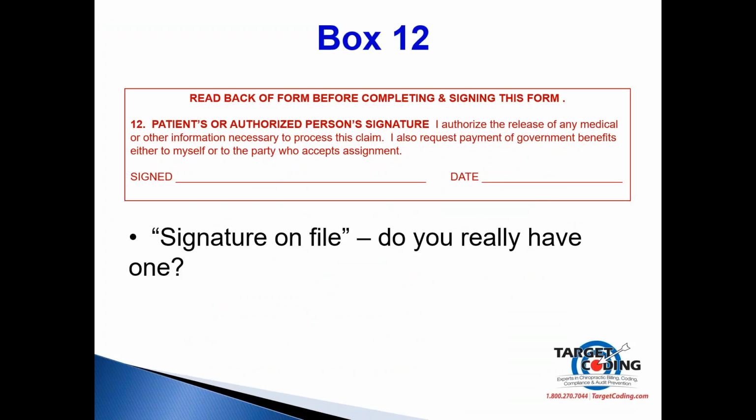I authorize the release of information in order to process this claim. Many software programs will automatically enter and populate signature on file. So my question to you is, do you really have a signature on file? You need to have a signature on file. So you either have to get the patient to actually sign this 1500 form, and one of them can be used as your master form.